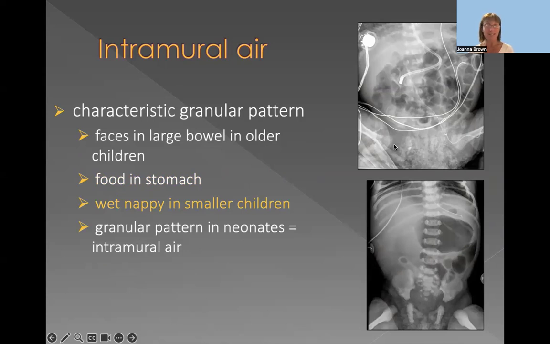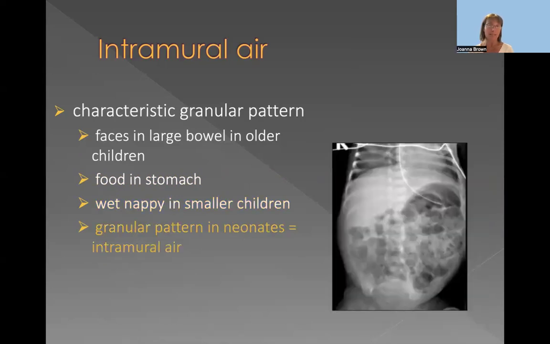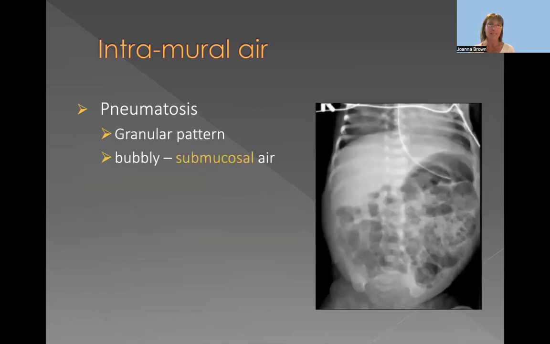So always ask the radiographers to do the X-ray without the nappy in smaller children. But if you see the granular pattern when you don't have a nappy and it is all over the abdomen, you can see it like this here, it is a classical picture of pneumatosis coli and pneumatosis within the bowel wall, consistent with necrotizing enterocolitis.